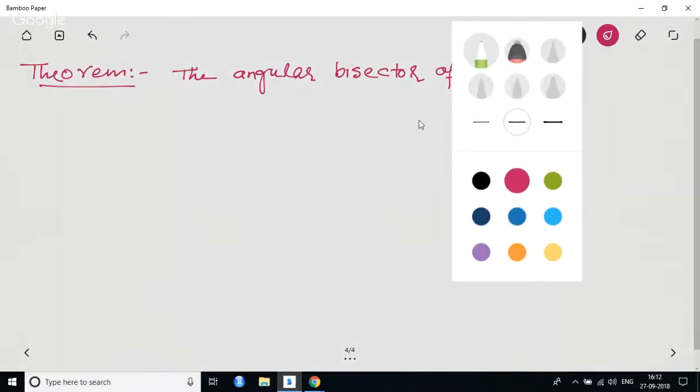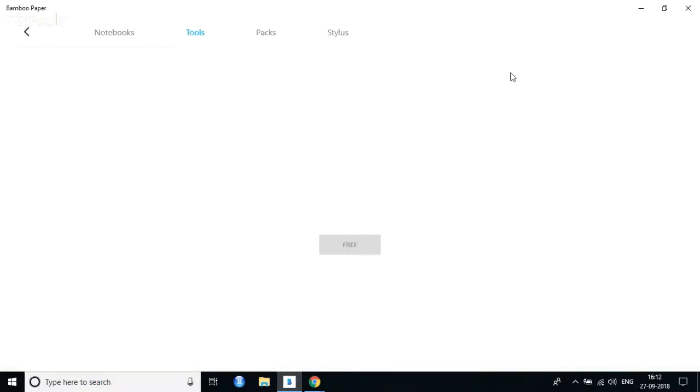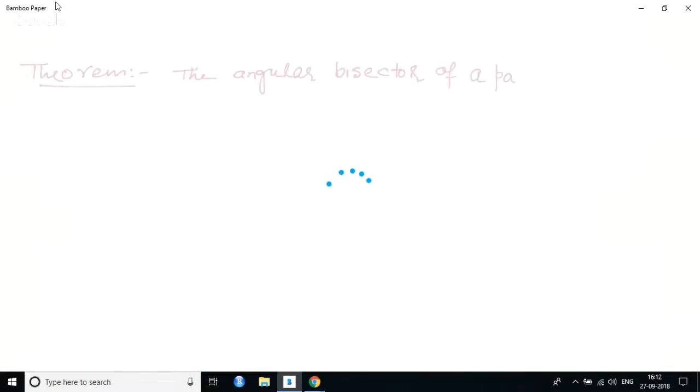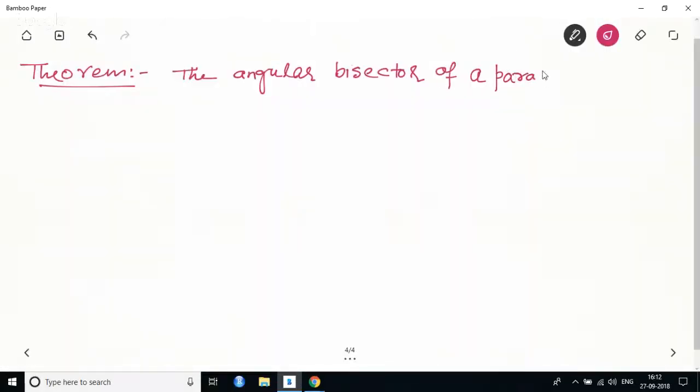I want to prove the angular bisector of a parallelogram form a rectangle.